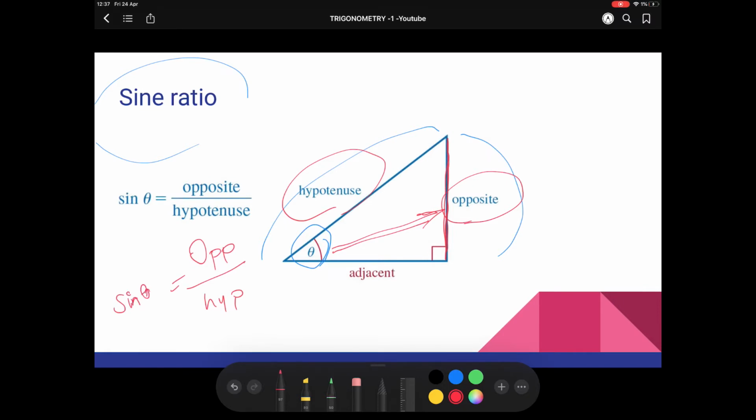I mark this angle with theta, but you can put any letter you want. Sine of that angle is opposite over hypotenuse.